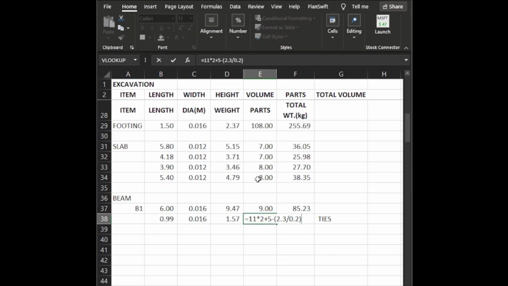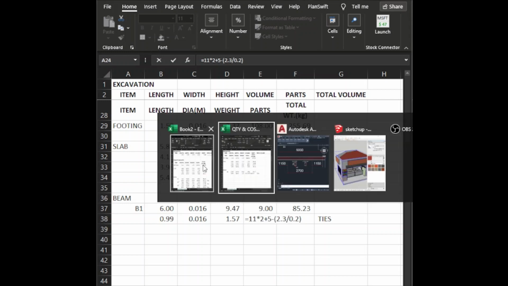Wait. 11 times 2 minus, we'll make this properly so that we can copy it later.